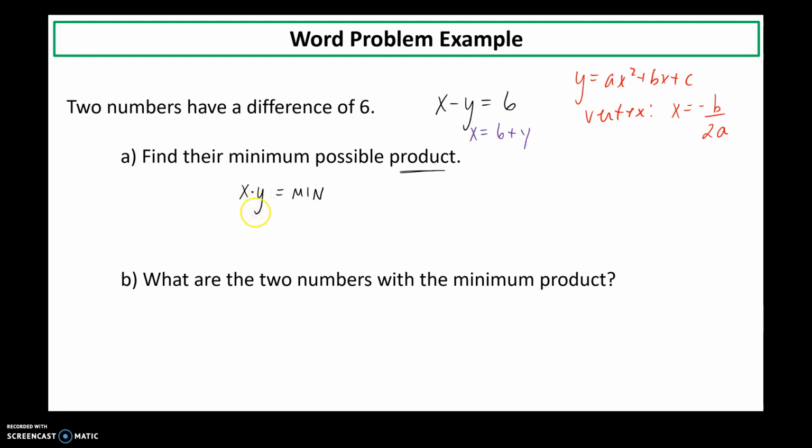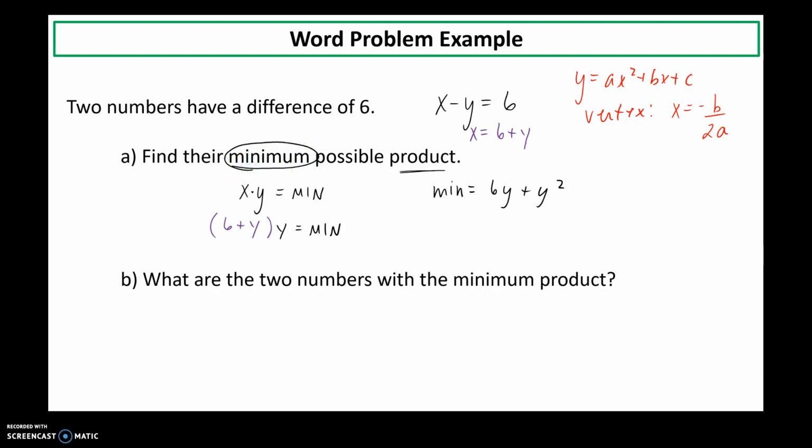Now into my product equation, I'm going to replace x with the expression in terms of y. Now I have an equation that's strictly in terms of one variable, and if I distribute that y, I get 6y plus y squared.